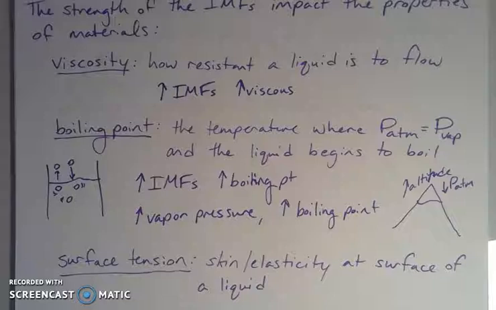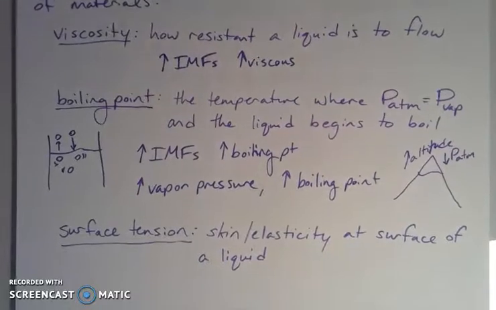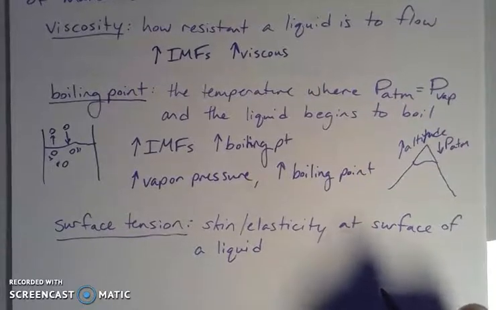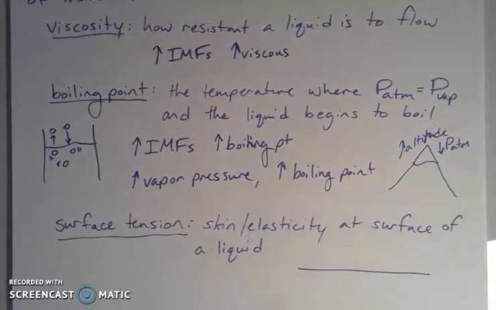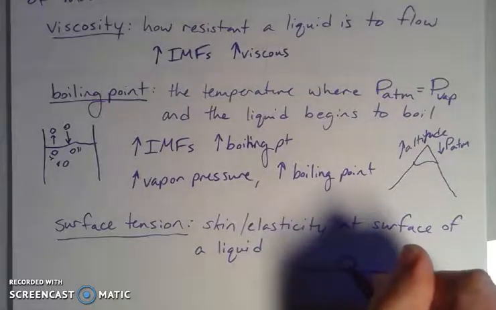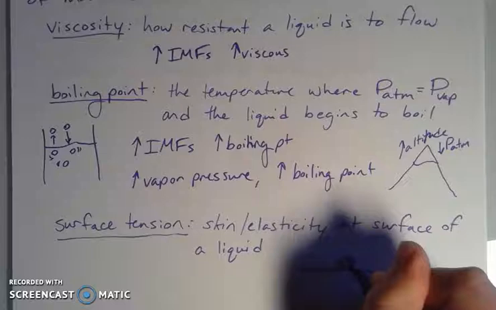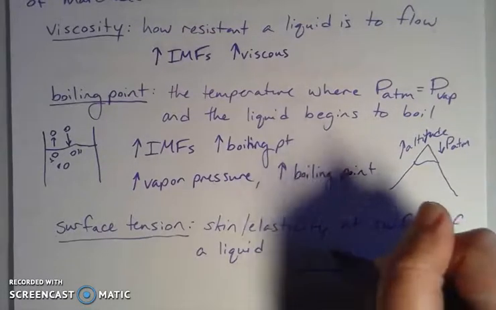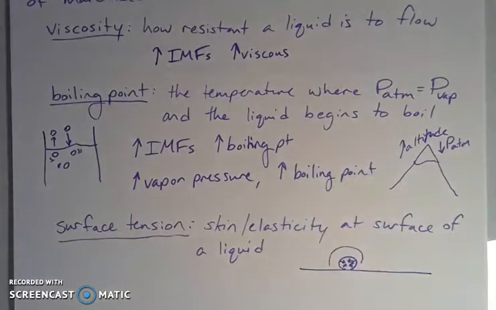All right, another characteristic that is impacted by IMFs is surface tension. So that's that skin at the surface of a liquid. We know that a water droplet, if I have a piece of waxed paper or something, we've all seen water bead up like this. There's this pulling in of the water. It's more attracted to itself, and then it creates this skin on the outside, right?